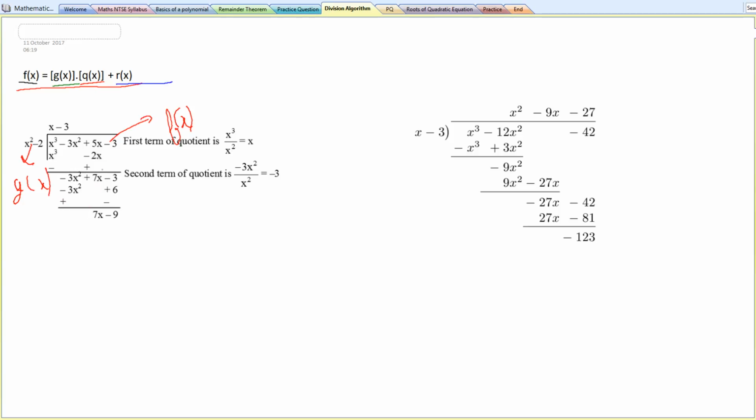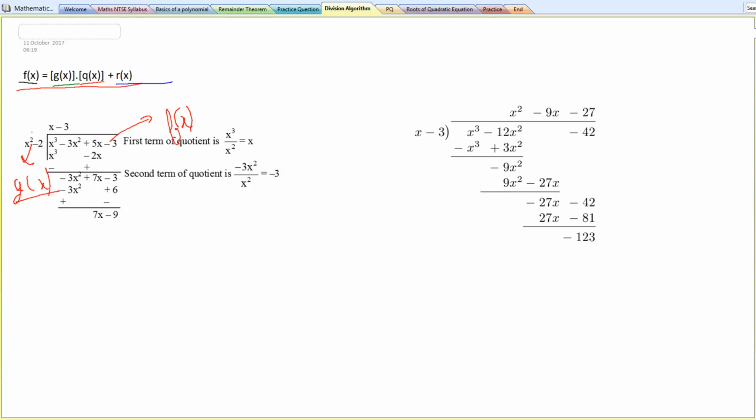This is my g(x). So what I do is I multiply this whole function x square minus 2 by x. Why x? Because I have to match the highest degree term of my divisor, that is g(x), with the highest degree term in the polynomial I have to divide, that is x cube. So I'm multiplying x square with x.